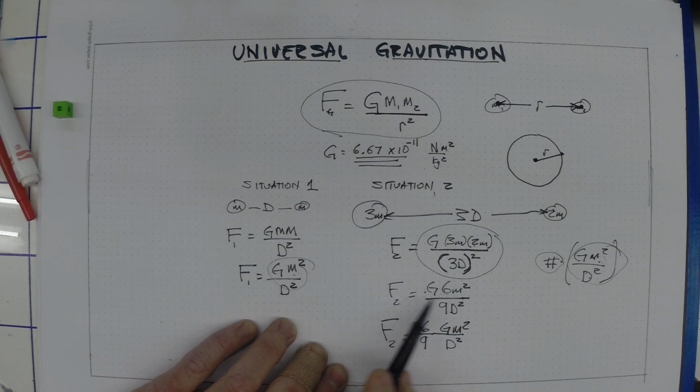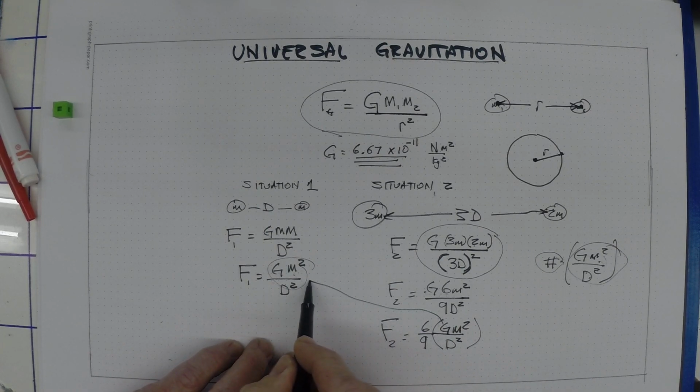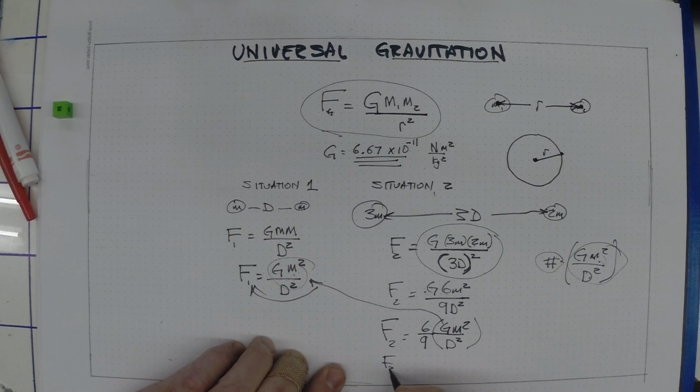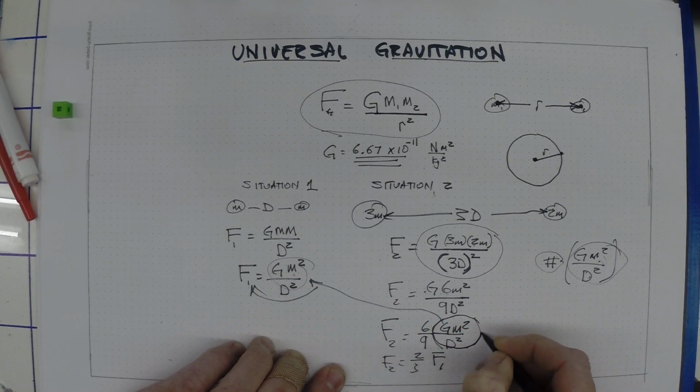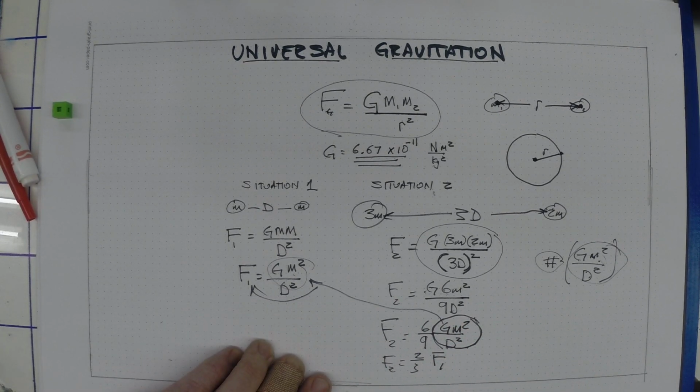So I just move the numbers out and look what I have here. That's just F1. So F2 is 6/9. We can reduce that. That's 2/3 of F1, because this right here is simply F1.